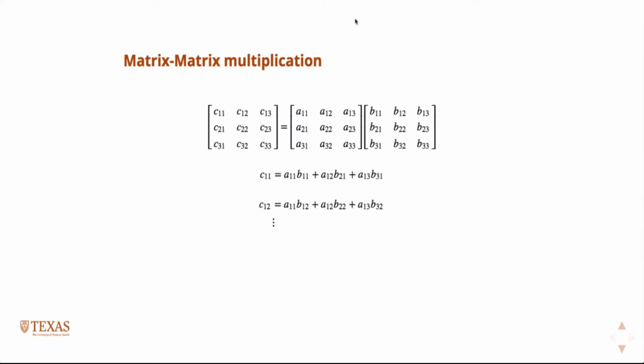So there are a couple of examples written out in words. The Cij, the component of the C matrix, is the dot product of the ith row of A with the jth column of B.